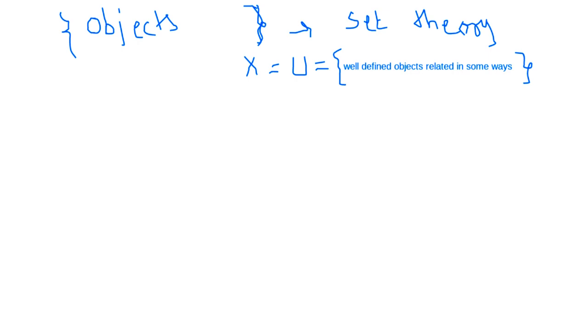Very good. That's what I intend to ask. Universal set is also known as population. Population or universal set, they both are the same terminology used in set theory.